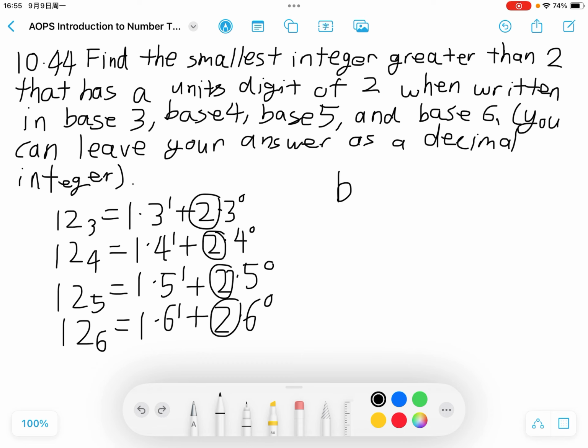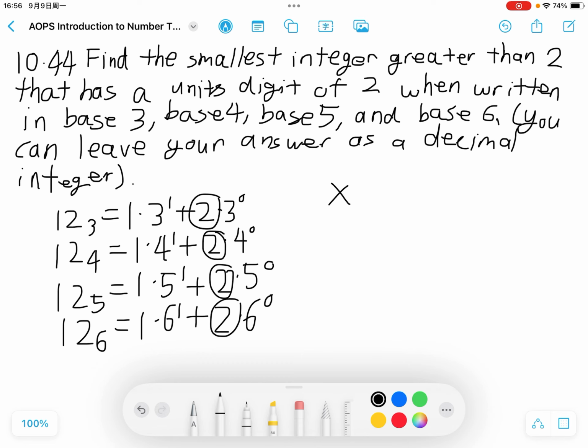What does this mean? Let's call the number x. So this number x has the unit digit of 2 when written in base 3, 4, 5, 6. Essentially, x is firstly not divisible by 3, 4, 5, or 6, because if x were divisible by them, it would not have a unit digit of 2.